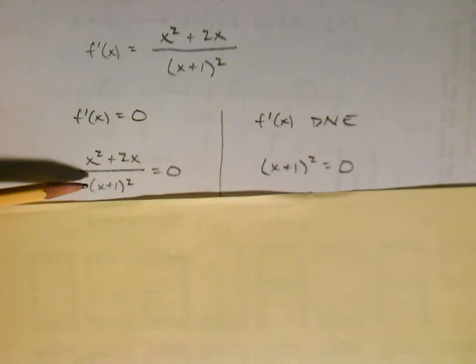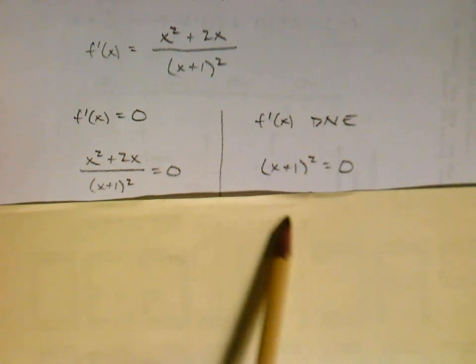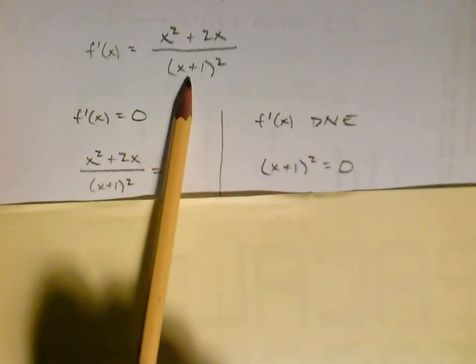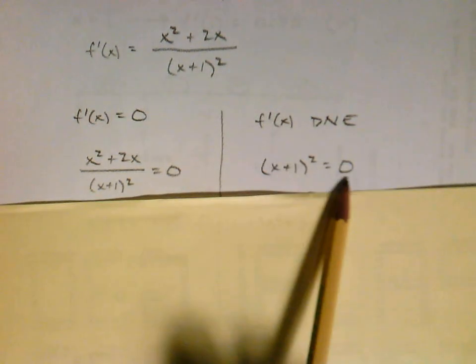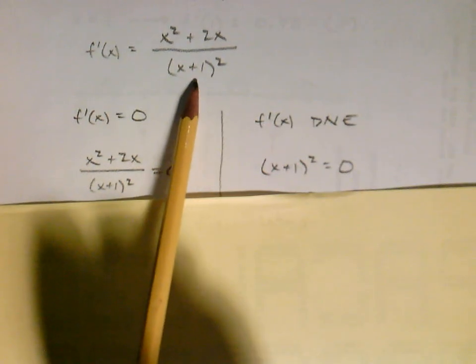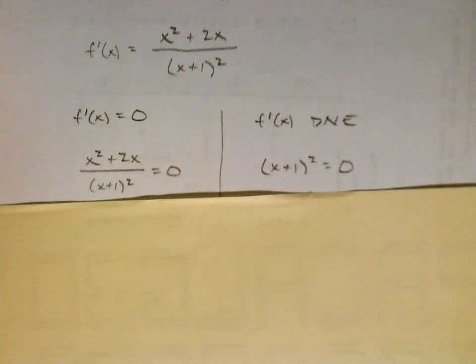We can set the derivative equal to 0. To begin the does not exist, you notice I'm simply taking the denominator and setting it equal to 0. So it's kind of an equal to 0 here too, but it's when do I divide by 0, right?